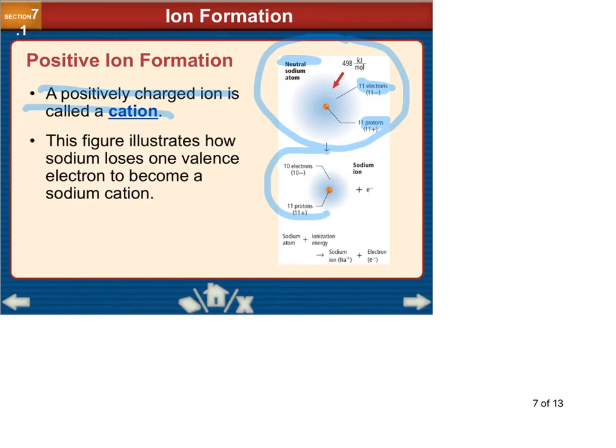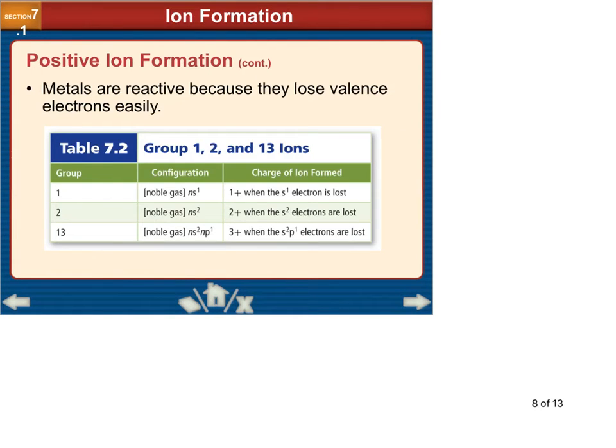Then we have a sodium ion, which has 10 electrons, 11 protons, and then there's 1 electron out here, which then can be transferred to some other atom. So sodium atom plus ionization energy means we have a sodium ion plus an electron, so we have to add that energy.